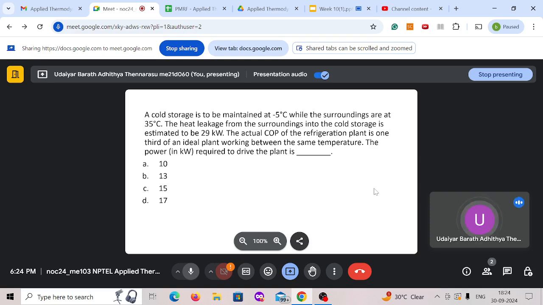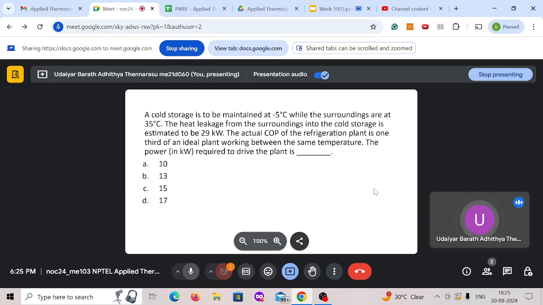There the temperature is minus 5 degrees Celsius, so that is your evaporator temperature, and the surrounding is at 35 degrees Celsius, and the heat which is coming in is estimated as 29 kilowatts. The actual COP of the refrigerant plant is 1/3 of an ideal plant working between the same temperature. So the power required to drive the plant is dash.